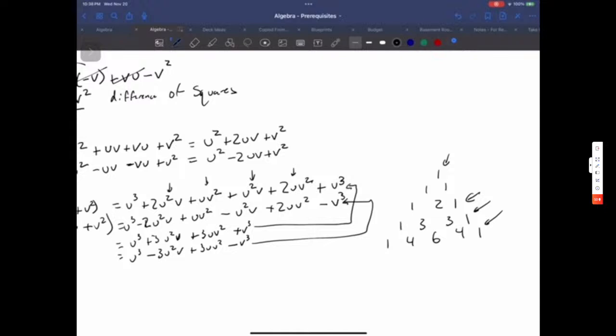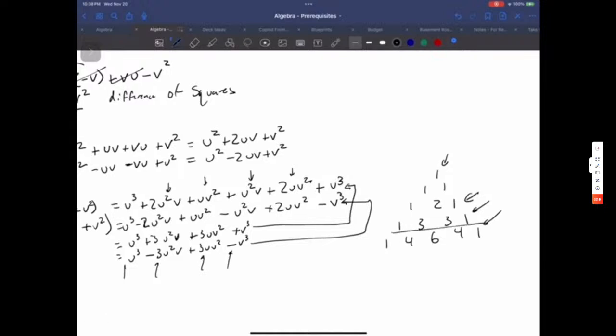Now, that doesn't give you the sign. You'll have to work that one out for yourself, but these will at least be the coefficients. So you can see it's 1, 3, 3, 1. That corresponds to this row of Pascal's triangle. That's just a little quirk. They do not talk about it in the book. They may talk about it later, who knows.